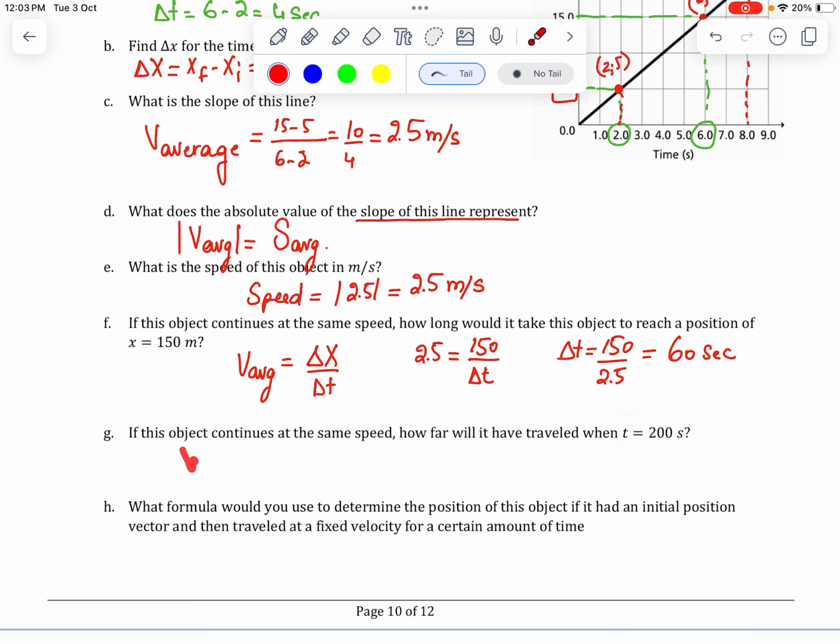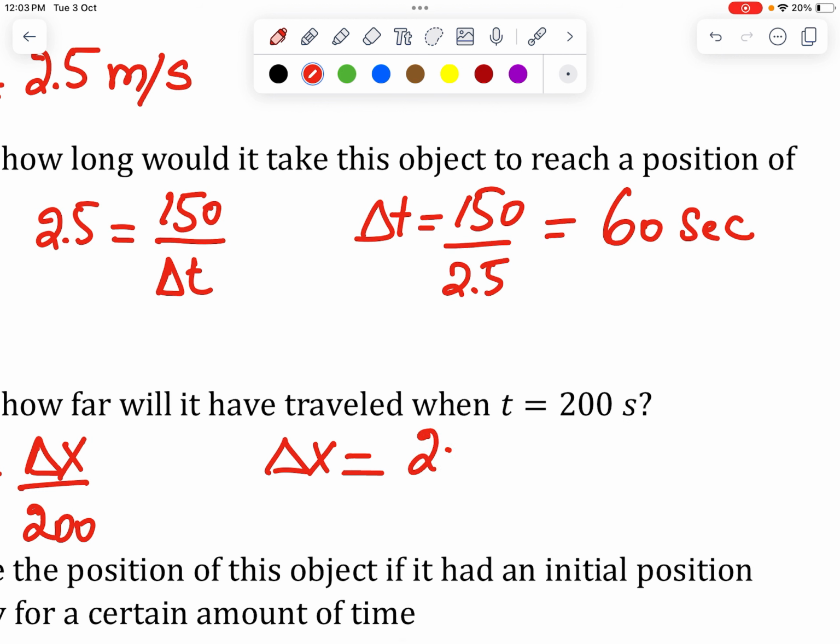Also, given the average velocity, which is the displacement over time, and given the same velocity, I need to find delta x over 200. So delta x is nothing else than 200 times 2.5, which is 500 meters.